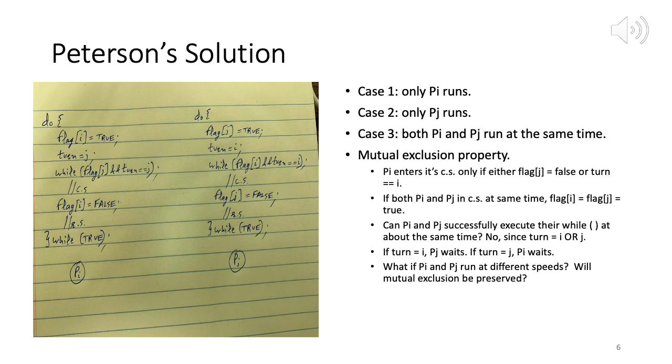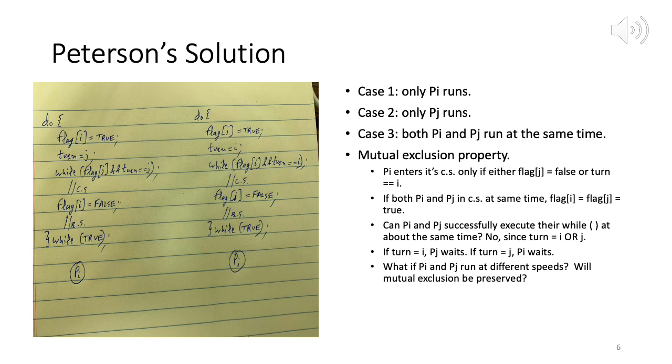Now for a process to be able to enter its critical section, two conditions have to be met. One is the flag value has to be true, so flag I or flag J has to be true. The other is that the process has to have the turn value assigned to it. So either turn is I or turn is J. That at once tells us that at any point of time we can have only one process inside its critical section.